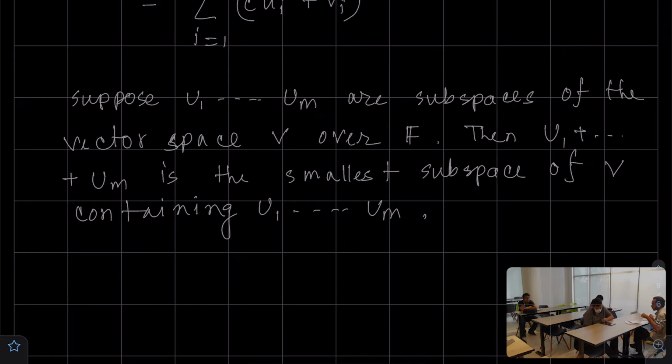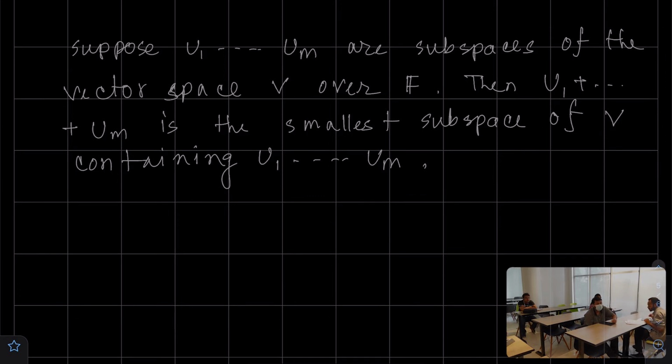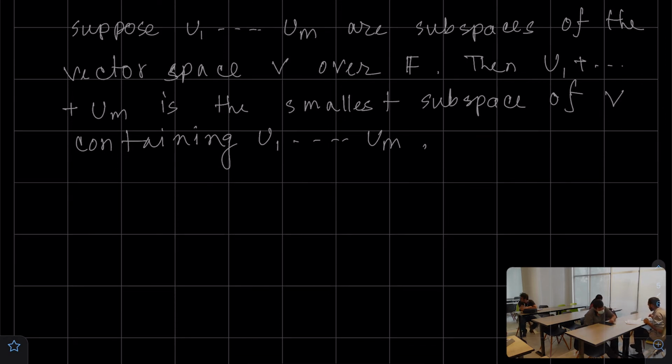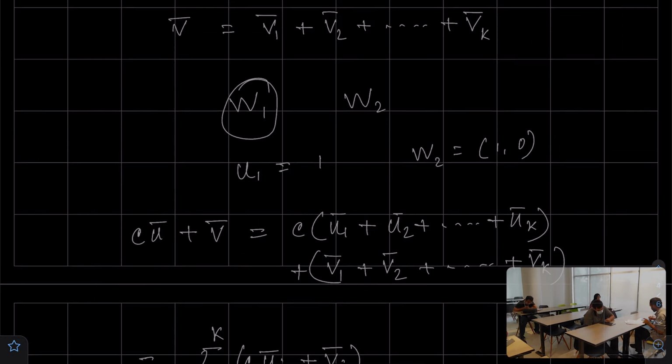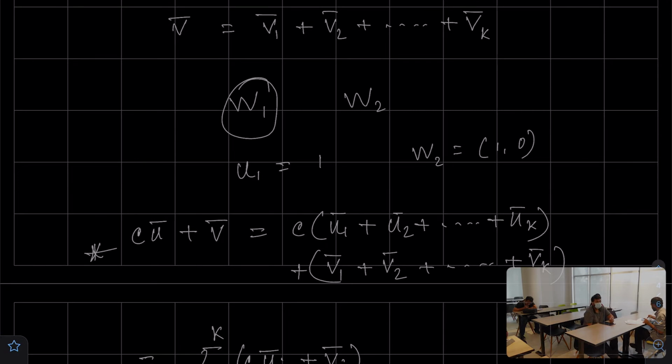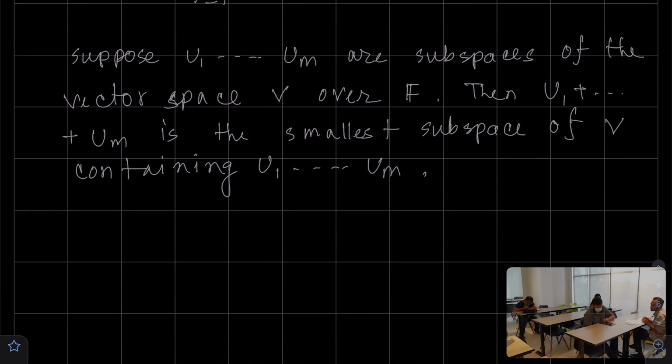Okay. So how can you prove that? First of all, you need to show that it is a subspace, and it is a subspace because we already proved it here. In here we proved that this summation is a subspace.